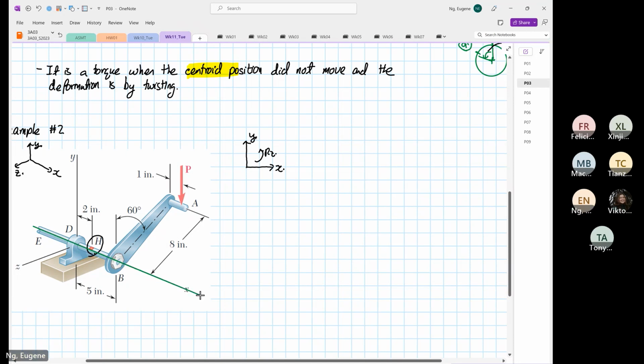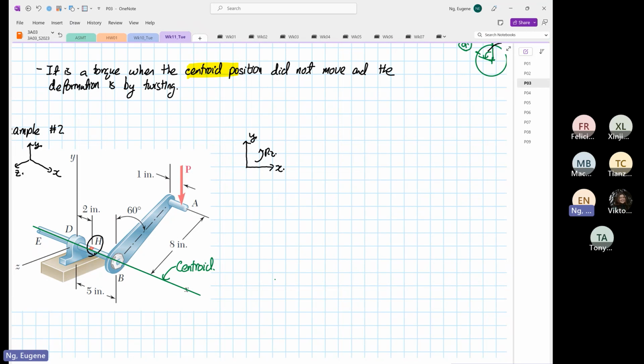So this is what we call our centroid. At that view, I'm going to sketch element H. It's just a sketch. And then we have a distance over here.